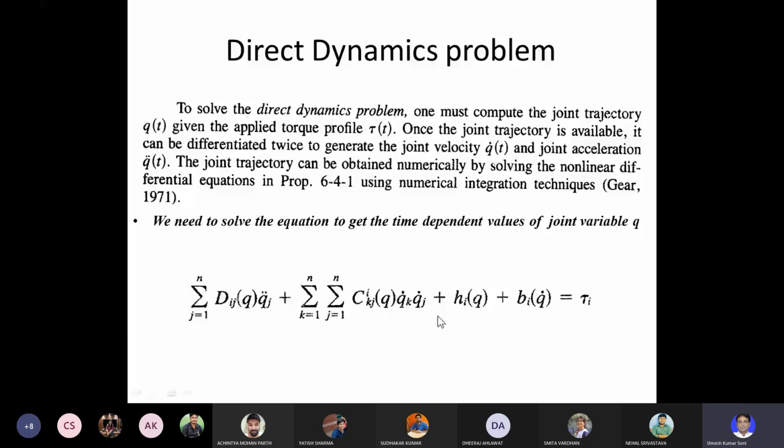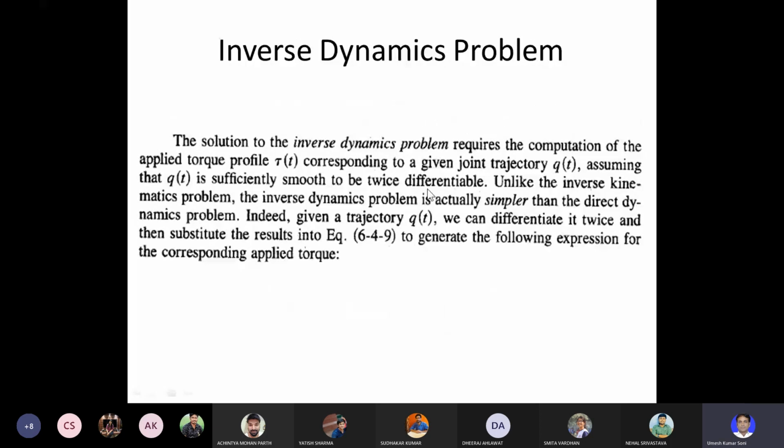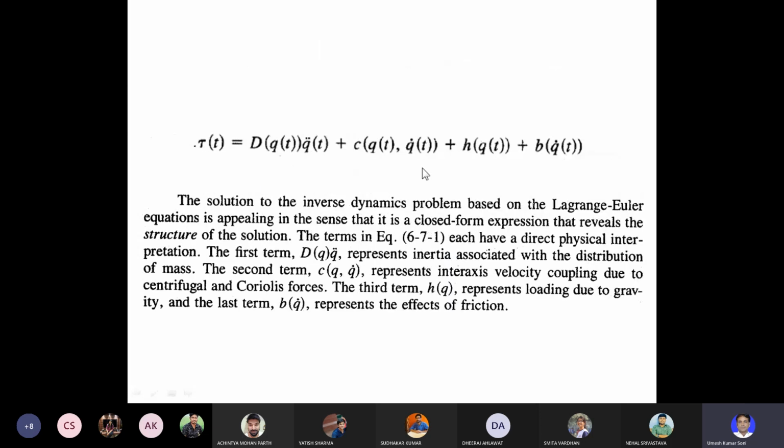Okay, understand? So in the inverse problem, what you do? You differentiate once and twice and generate this equation, and see how the joint variables are changing with time.